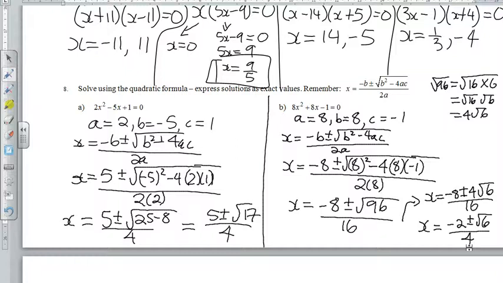They'll say the answer to this in simplified radical form can be expressed like this. Write the values of a, b, and c.